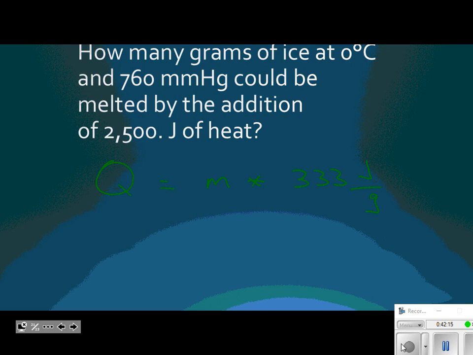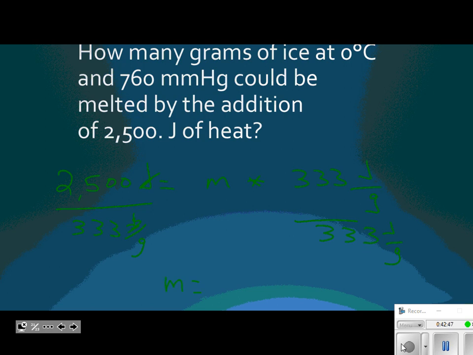How much energy do we have? 2,500 joules. Can I solve for mass? Yeah. I'm going to take both sides and divide it by 333 joules per gram. My joules is going to cancel, so I'm going to have a mass in grams.